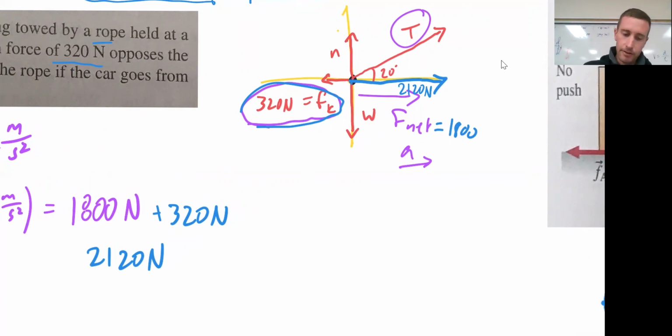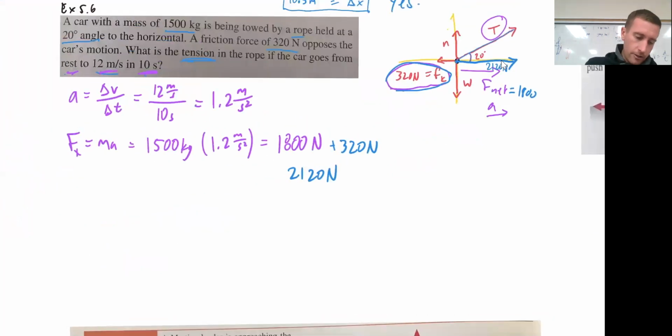I have the angle and I need the total value, so I can do a little bit of trigonometry again. I have the adjacent and the angle. Cosine is adjacent over hypotenuse. So cosine of 20 equals adjacent, 2,120 over T. Multiply both sides by T, divide both sides by cosine.